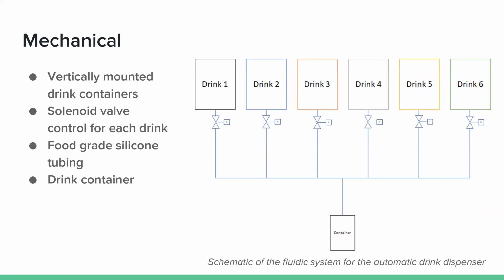We mounted the plastic bottle vertically in the bottle stand, and we used food grade silicone tube to connect the whole parts, and the solenoid valve is used to control the drink for each drink.